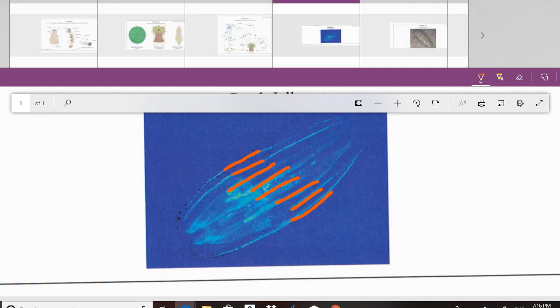So they are a beautiful organism, and just one of the marvels of God's creation.